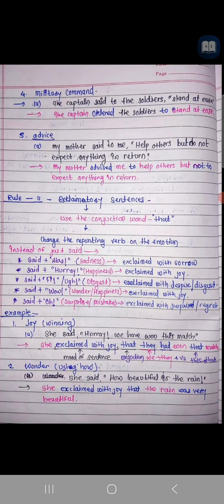In the exclamatory sentence, we change the reporting verb according to the emotion. Now here, emotion means the mood of the sentence. You just pick up the emotion, but how do you identify it? I will give five words. For example, "alas" is like sadness. It means a situation happened in his past and it hurt.